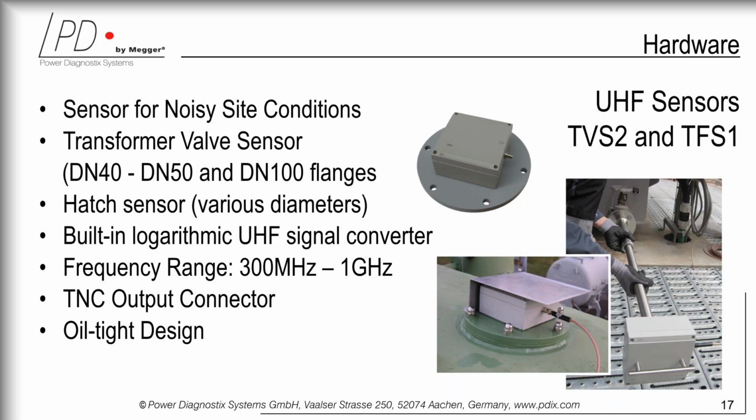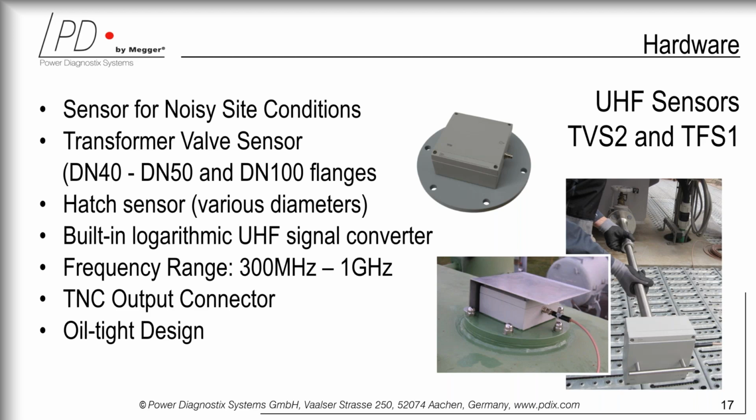And also there are hatches on these transformers, so we build such kind of UHF sensors that they are mounted straight on the hatch. Here we have a very good collaboration with a variety of transformer manufacturers, and therefore we are able to know ahead all their drawings and therefore produce the right flange for the corresponding tank or for the corresponding valve.